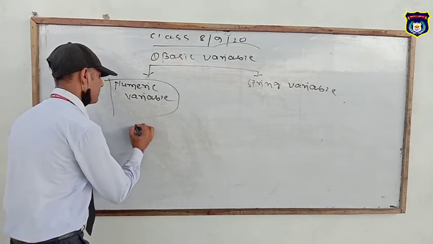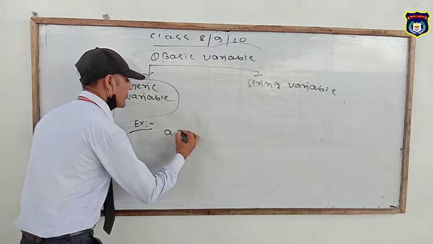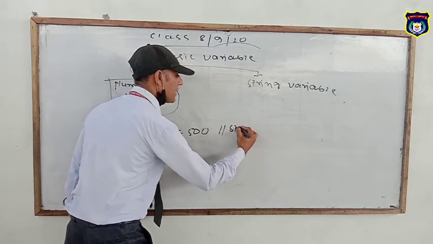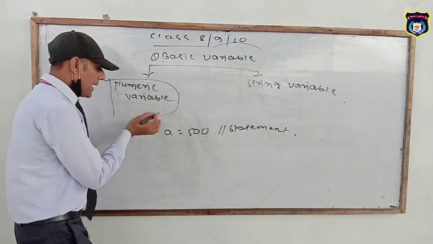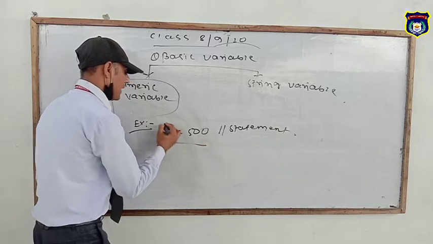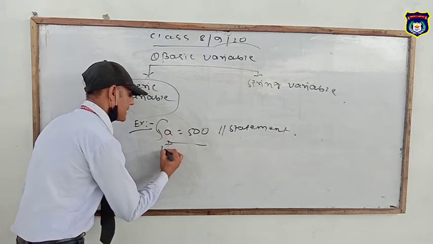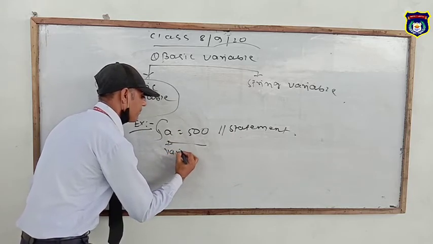As an example, we can take a equal to 500. This is the QBasic statement. In this statement, the left side of the statement is called the variable. That means a is the variable.